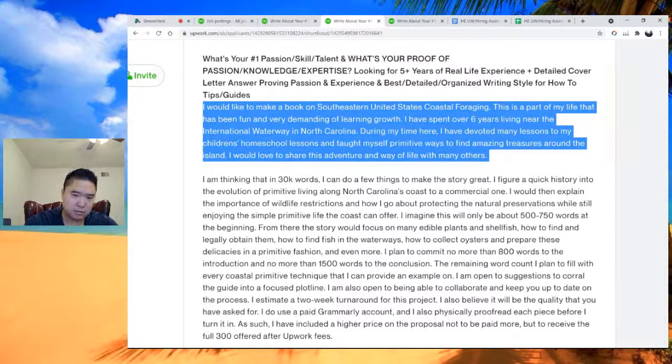I would love to share this adventure and way of life with many others. I'm thinking that in 30,000 words, I can do a few things to make the story great. I figure a quick history into the evolution of primitive living along North Carolina's coast to a commercial one. I would then explain the importance.